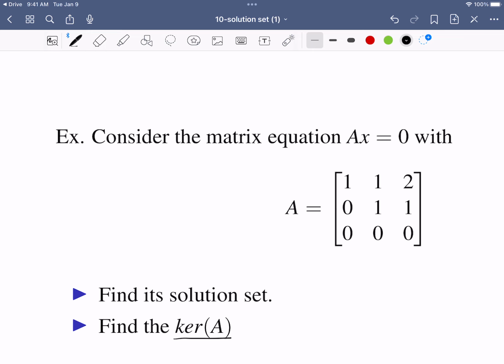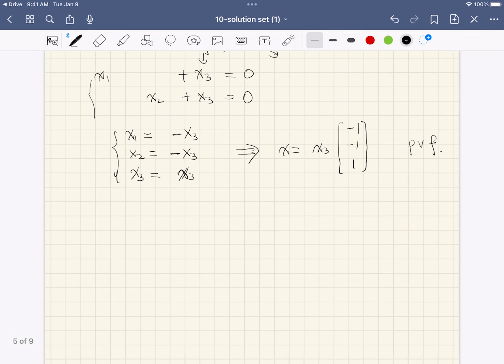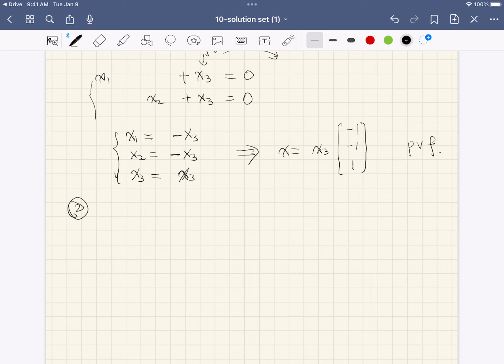What is the kernel of A? The kernel of A consists of all the solutions satisfying Ax equals 0. One can write this using set notation: x3 times the vector negative 1, negative 1, 1, where x3 is any real number.